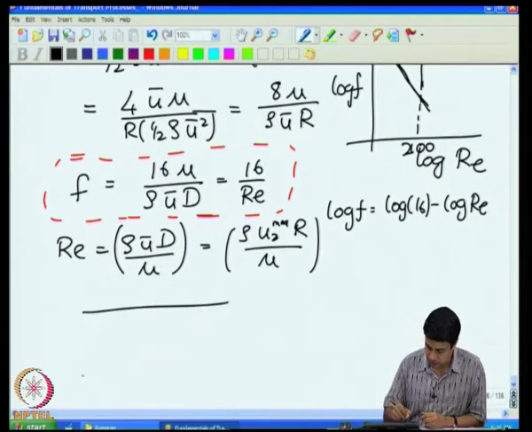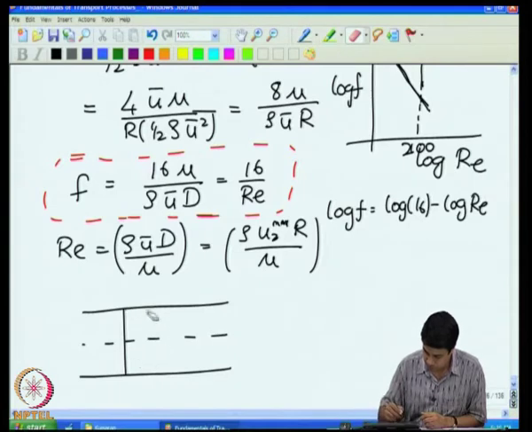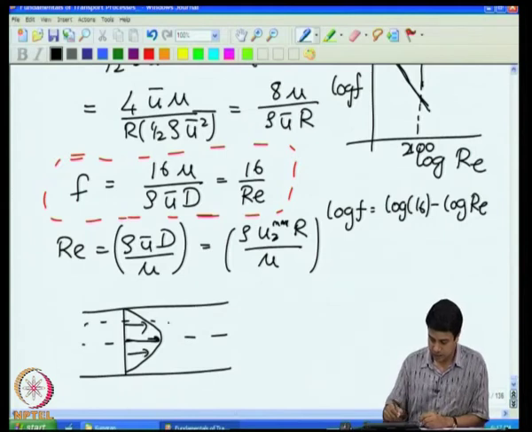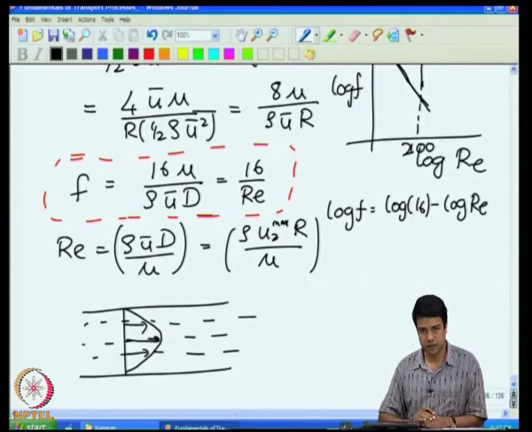So, in a laminar flow, you have a smooth velocity profile, you have straight streamlines. The fluid paths are all straight and you have a smooth parabolic velocity profile. This profile is of course a solution of the equations.